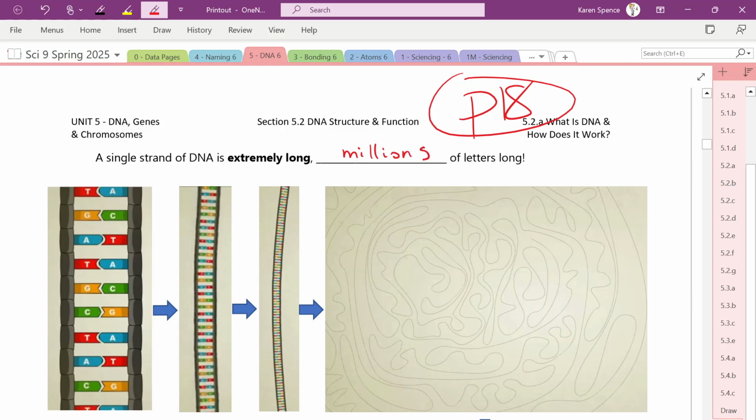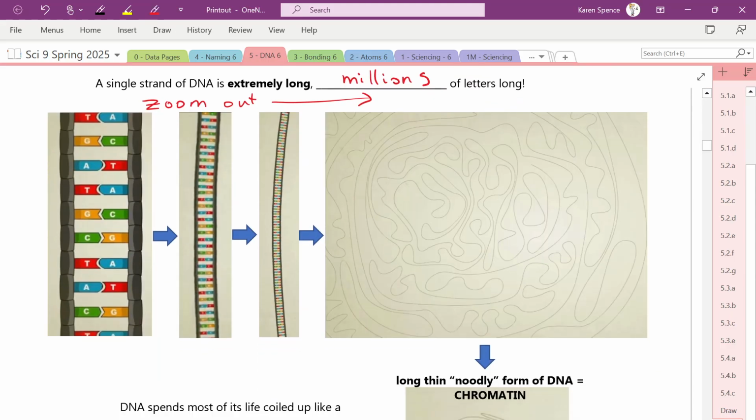So you can see we are zooming in. We zoom in, or we zoom out, actually. And eventually, what does it look like? It looks like a noodle. Really long noodle.